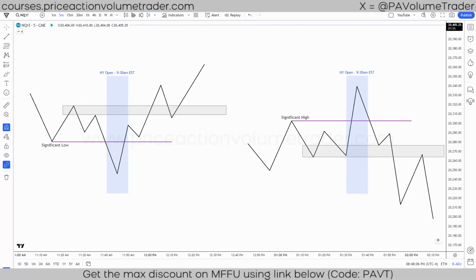And the same thing would be on the opposite side in a bearish scenario where we have a significant high. Maybe that's a swing high, the high from the extended trading hours, or yesterday's high, or an important level of resistance. And the market opens up at 9:30. We start getting that injection of volatility.